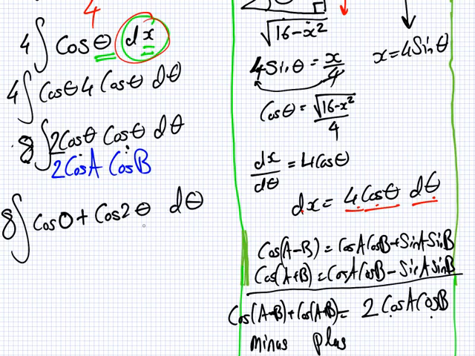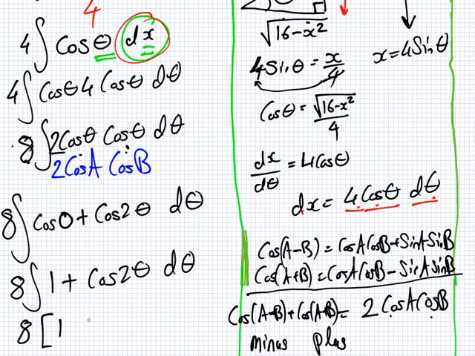What's cos 0? 1. So 1 plus cos 2 theta d theta. So if I integrate, this would be 8 times 1 plus sine 2 theta over 2, plus c.